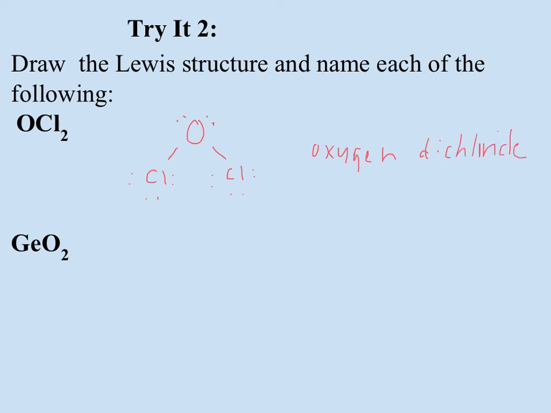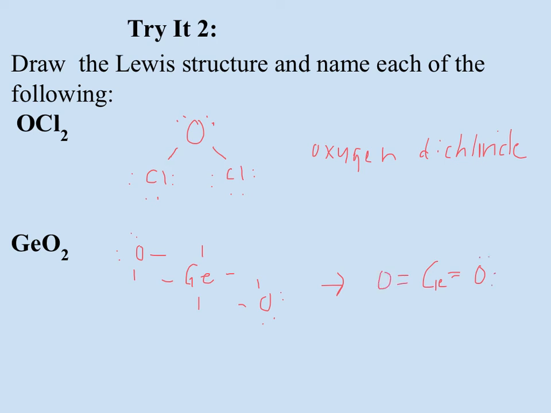My second one, GeO2, Ge is in the carbon family, so Ge is looking to form 4 bonds. Each oxygen is looking to form 2 bonds. So hopefully you can see that this is going to end up being Ge double bonded to oxygen.